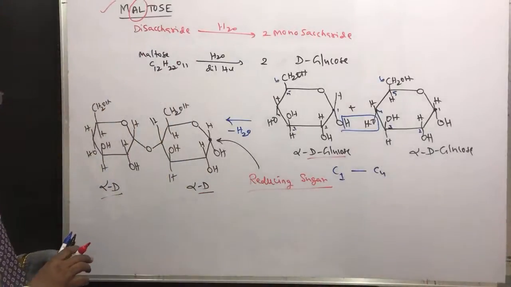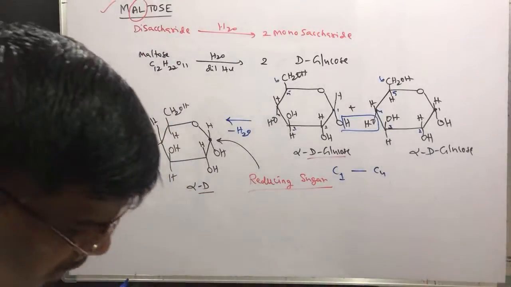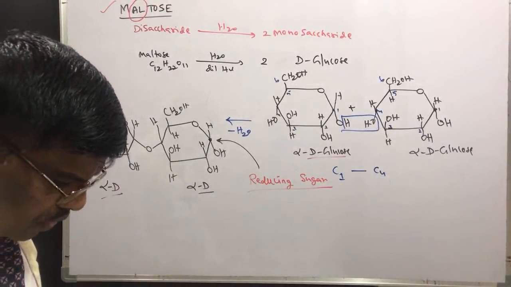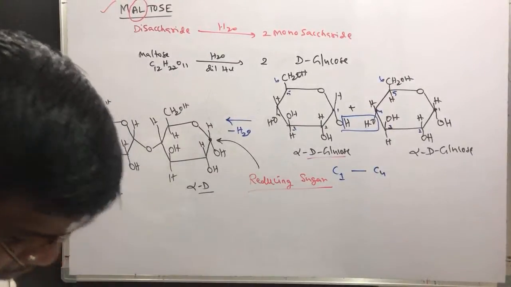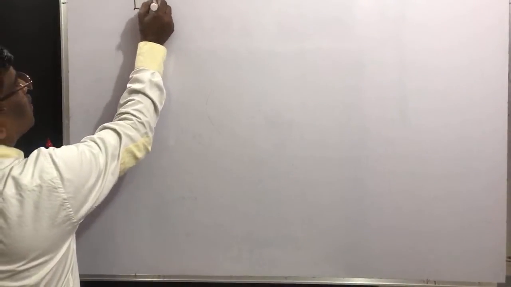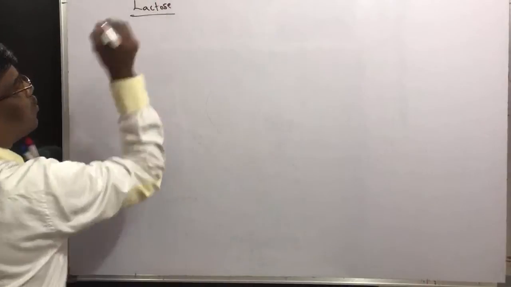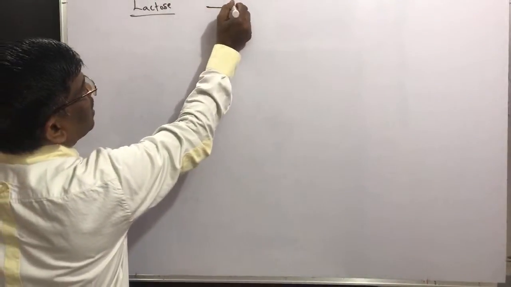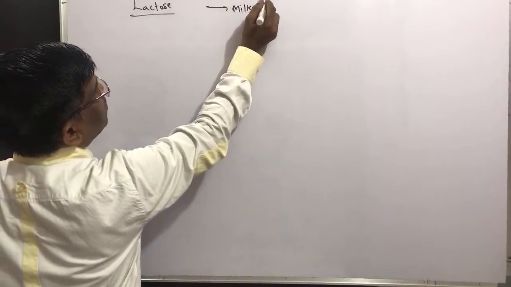Next, what? Lactose. Where do you find lactose? It is found in milk. It is also known as milk sugar. Lactose sugar, yes, it is also known as milk sugar. It is obtained from milk.